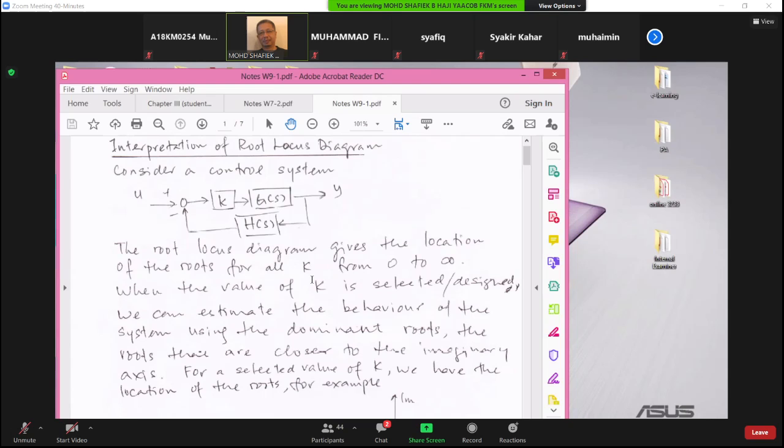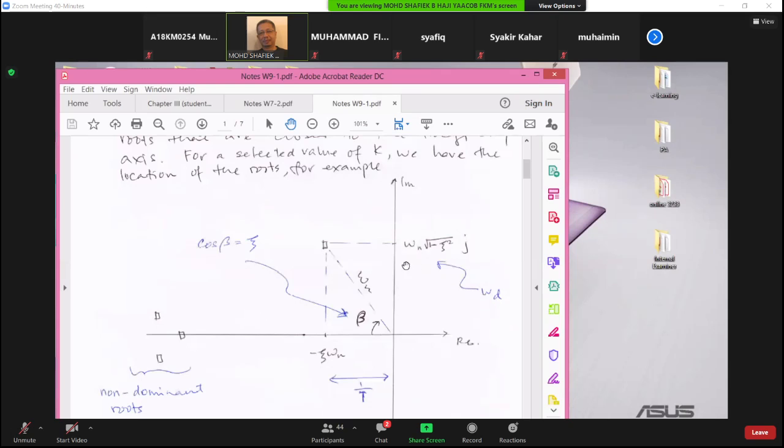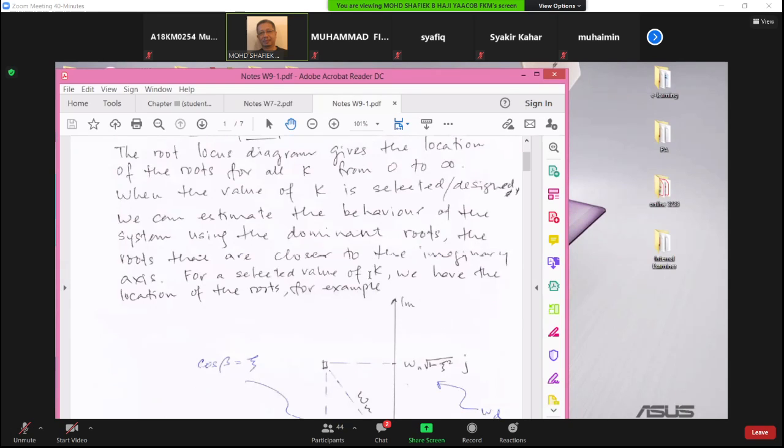So how do we evaluate the time constant, the damping ratio, the natural frequency, the damped natural frequency from the location of the roots? Let's say we just randomly select a value of K equal 5 or equal 6 or equal 10.